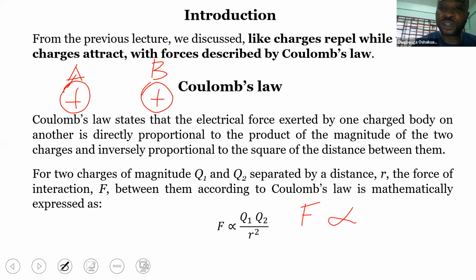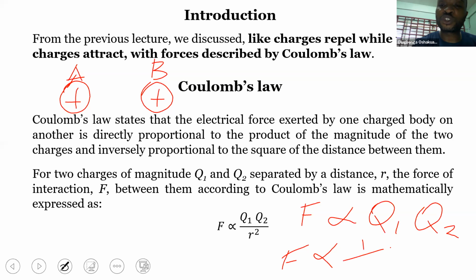So Coulomb's law can be said in two sentences. The force is directly proportional to the product of their charges. Charge is represented here as Q1 and Q2, since we are talking about two charged bodies. Q1 is the charge of body 1, Q2 is the charge of body 2. The force is also inversely proportional to the square of the distance separating the two charges.